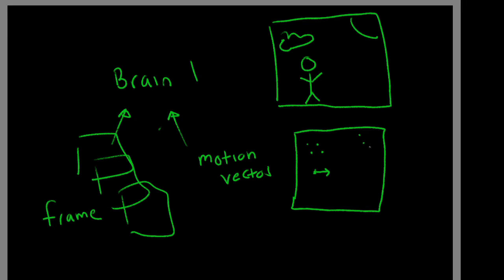The sun will just be a bunch of points also because the sun isn't going to move this frame. And so essentially, every single point on the human, that character, is just going to be a little vector to the right. And this essentially helps the network, sorry, it helps our brain figure out what the next frame is going to look like. And so this is basically it. This is essentially DLSS.